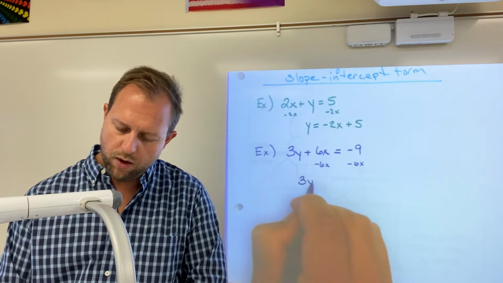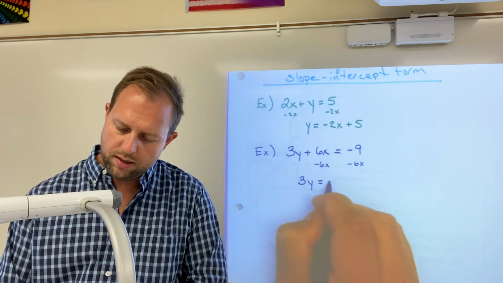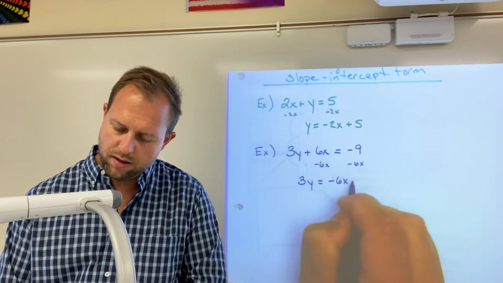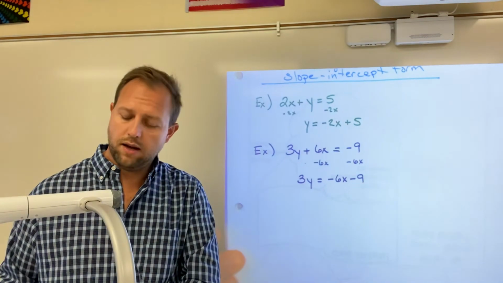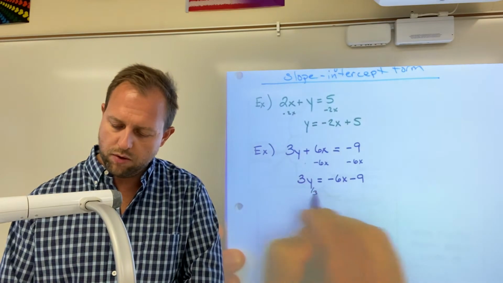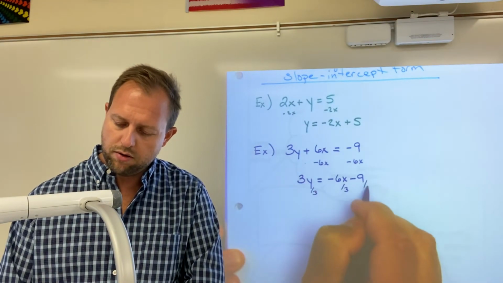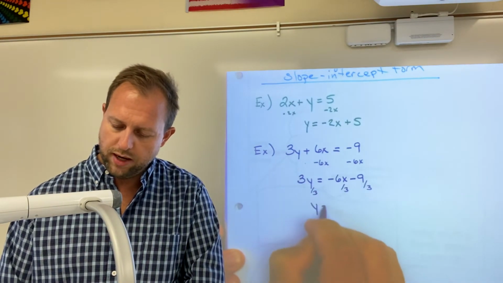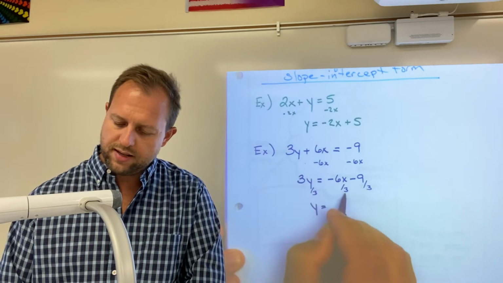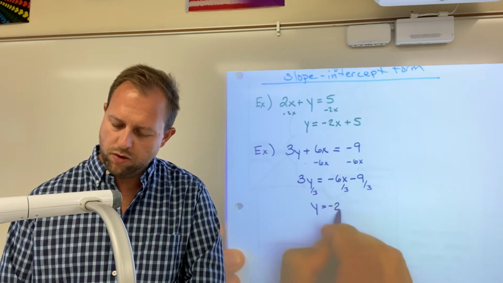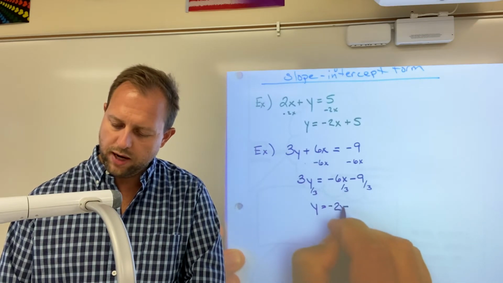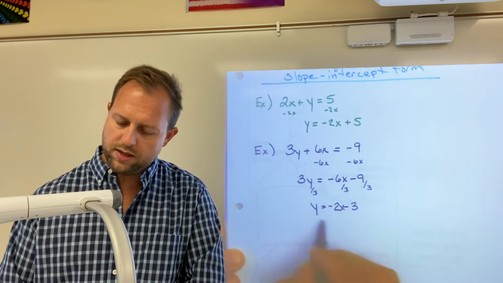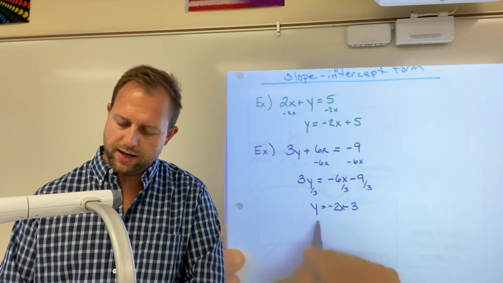We're left with 3y equals negative 6x minus 9. And our last step, divide through by 3. y equals negative 6 divided by 3 is a negative 2. Negative 9 divided by 3 is a negative 3. So we get y equals negative 2x minus 3.